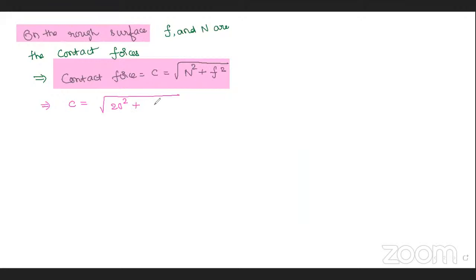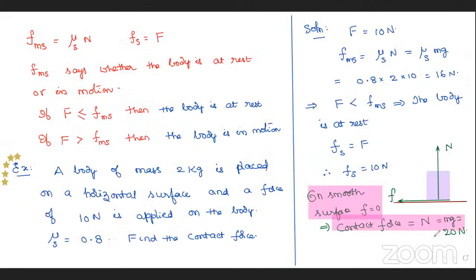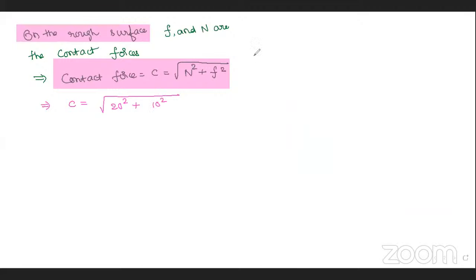Akhil, how did you get 656? Friction is 10 only, no? Normal reaction is 20. I think I'm getting 400 plus 100, root of 500. Yeah, that is 10 root 5, no? Correct. This is 10 root 5 newtons.